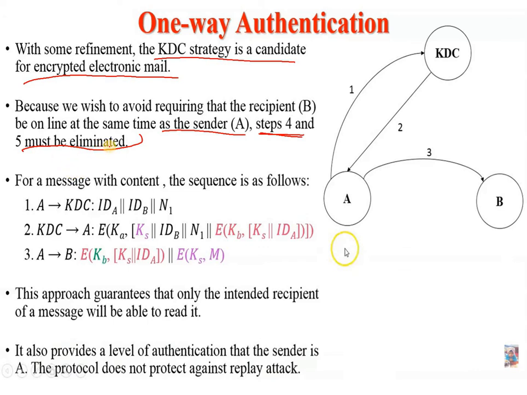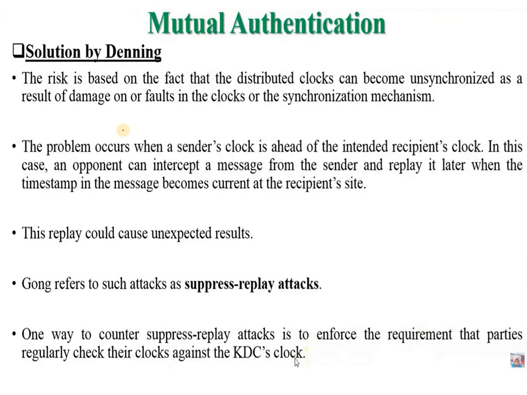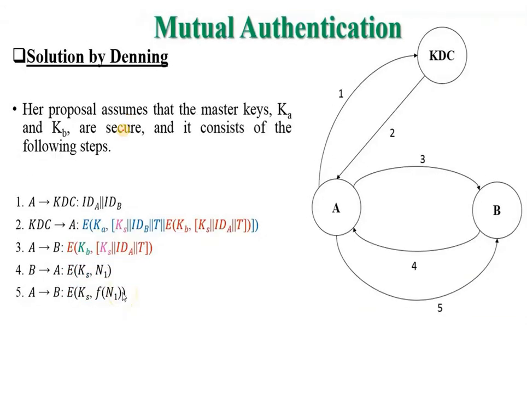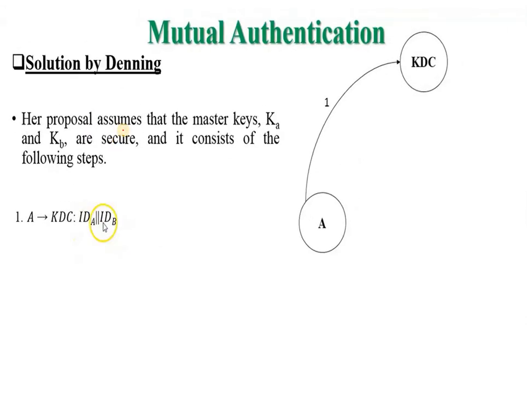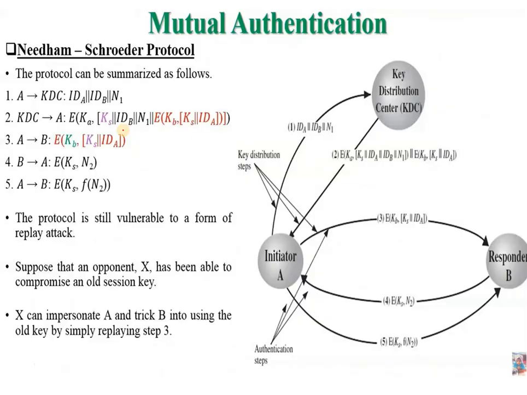Once we eliminate steps 4 and 5 from the previous Needham-Schroeder protocol, which has 5 steps, the last 2 steps have been eliminated. These last 2 steps, B to A and A to B, were the mutual communication.